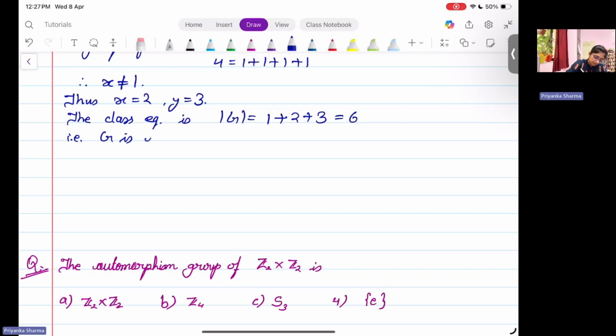That is, G is a non-abelian group of order 6. And there is only one group of order 6 which is non-abelian up to isomorphism. So G is isomorphic to S3.